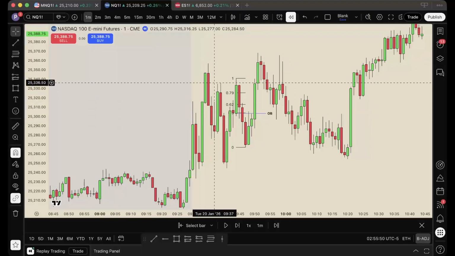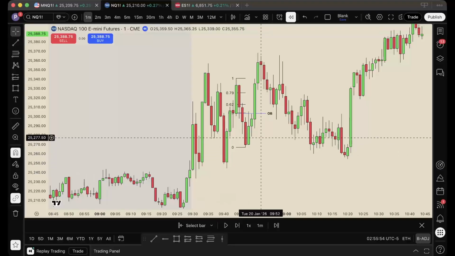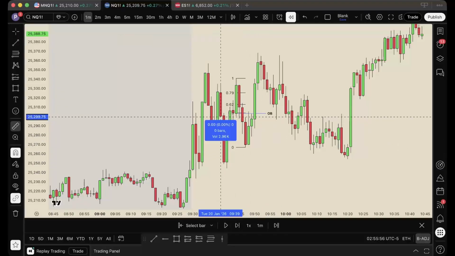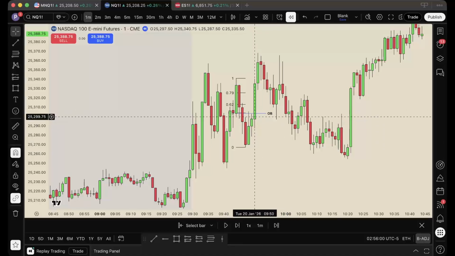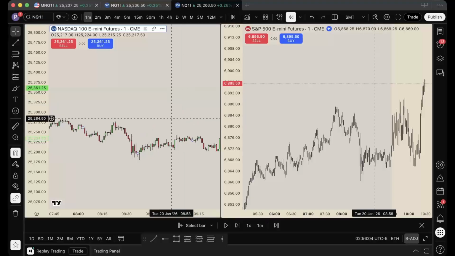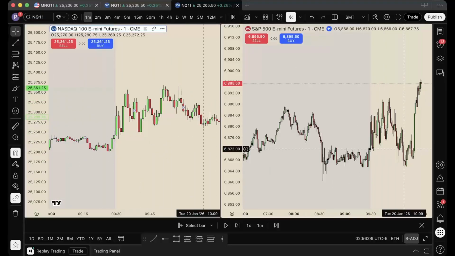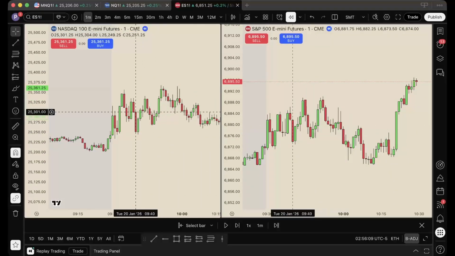We took that short-term high right here, went down again, and reclaimed that bearish fair value gap right here, and then we had the equilibrium and the bearish order block lining up. I believe we also had this short-term SMT.